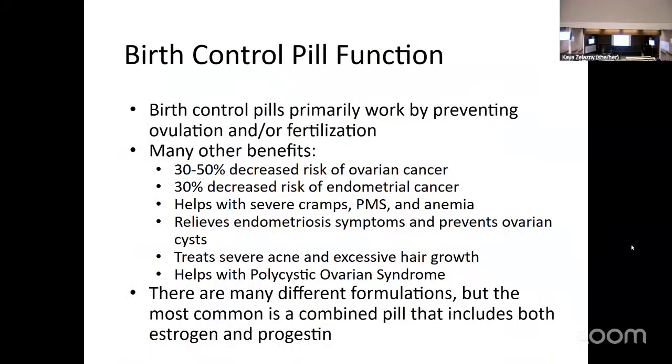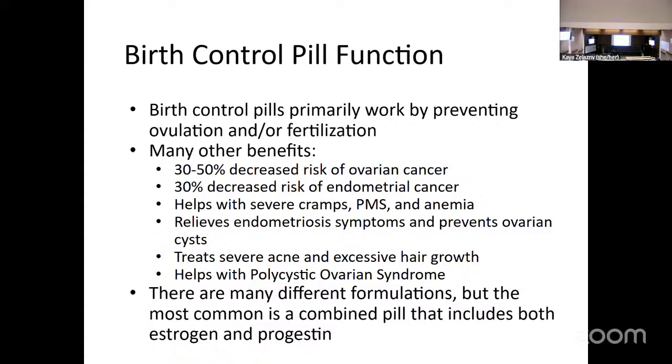So we're going to walk through that since we now know a little bit about how hormones work during a typical menstrual cycle. Okay. So we're going to think first about birth control pills because that's a particularly common method of preventing pregnancy, as well as treating a number of different conditions, actually.